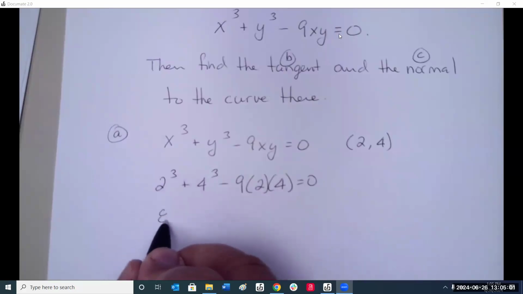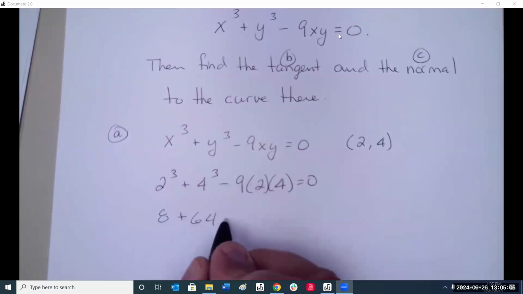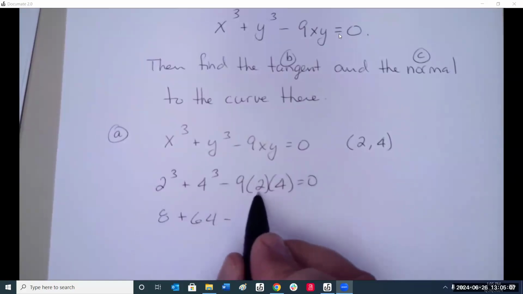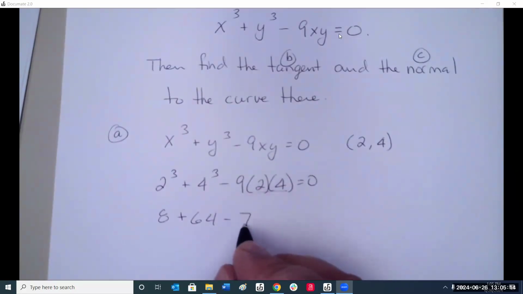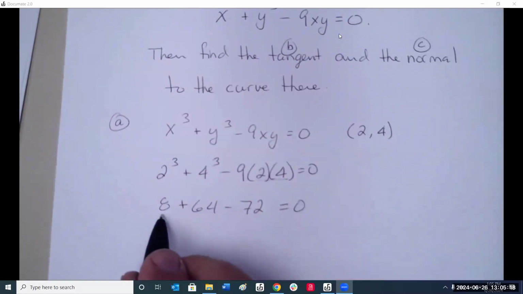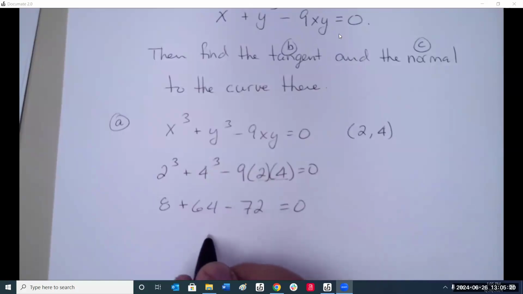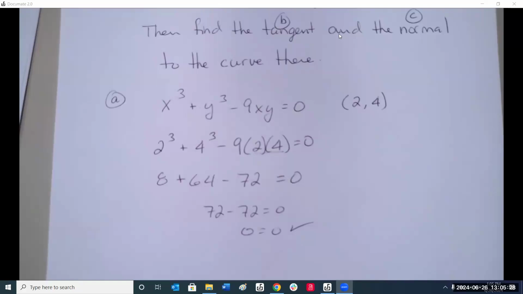Two cubed is 8. 4 cubed is 64. 2 times 4 is 8. 8 times 9 is 72. 8 plus 64 is 72. Yes, it's on that line. It's on that curve.